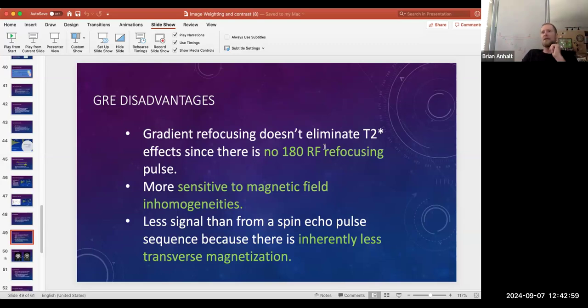There's also less signal because we're not tilting all of the longitudinal magnetization completely into the transverse plane. We're only tilting a piece of it. So our transverse component becomes much smaller. So less signal from the inherently less transverse magnetization. So those are the disadvantages.